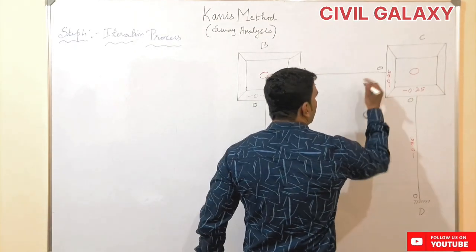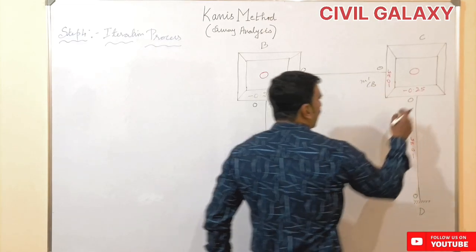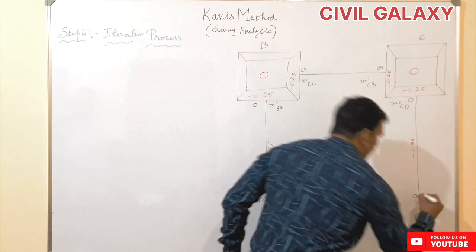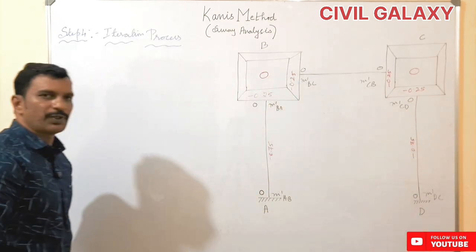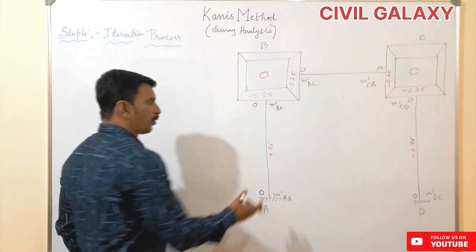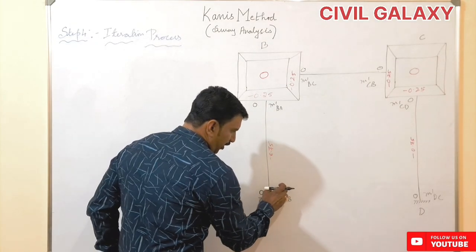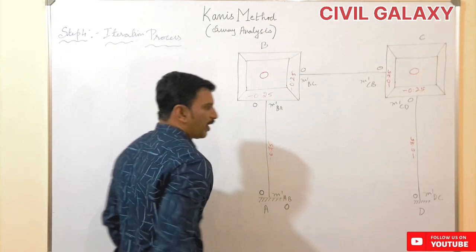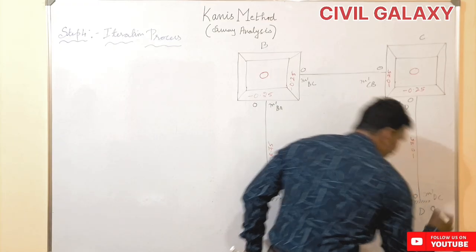So at joint C we will be getting m dash CB, and from C to D we are getting m dash CD, and here m dash DC. Since we know that the rotation contributions are only calculated for the intermediate supports and not for the end supports, the rotation contribution m dash AB will be equal to 0 over here, and here also m dash DC will be equal to 0.